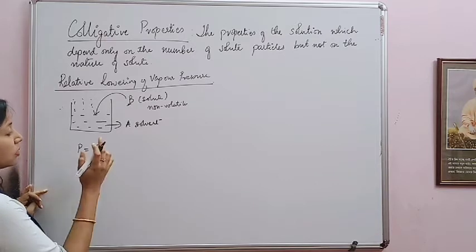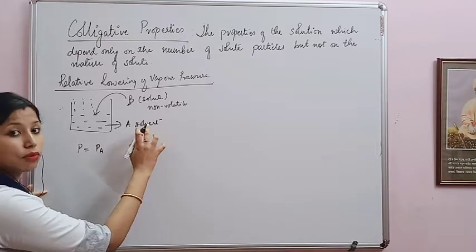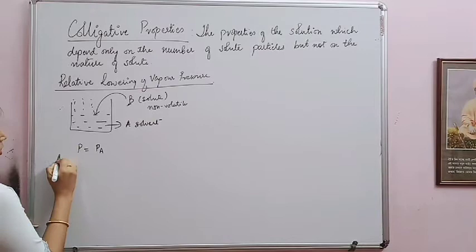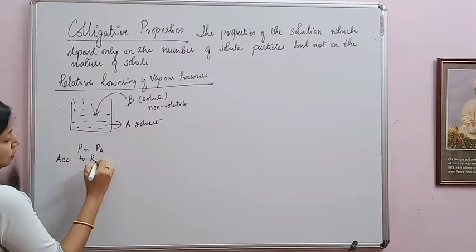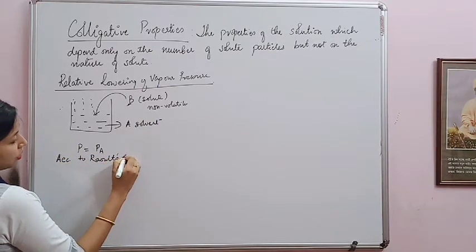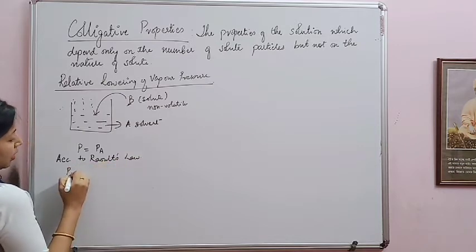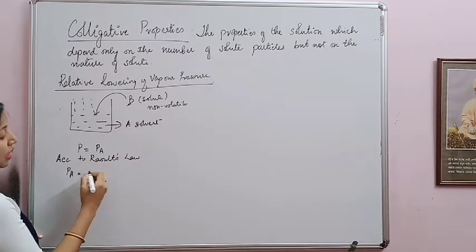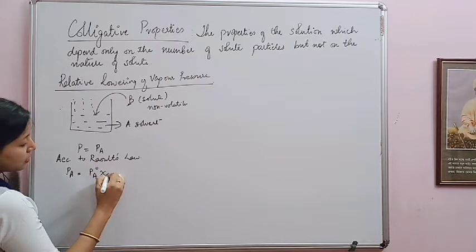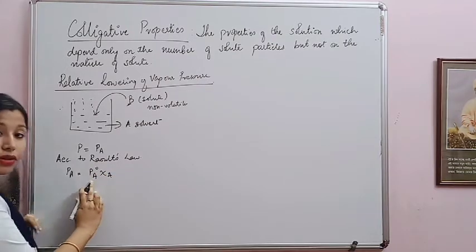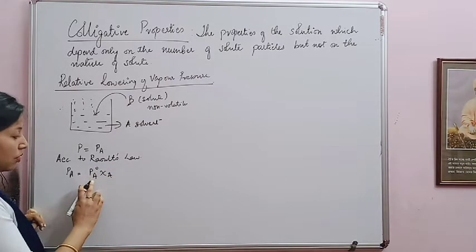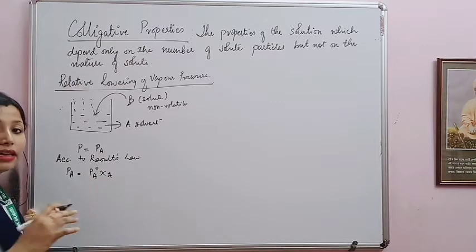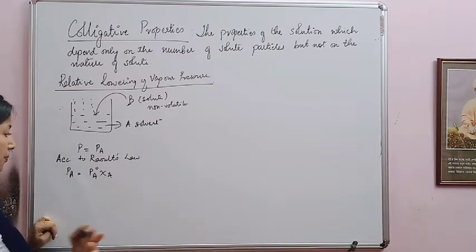Vapor pressure of solution is equal to vapor pressure of solvent only. Now, we know that according to Raoult's law, vapor pressure of the solvent, that is PA, is equal to PA naught chi A, where PA naught is the vapor pressure of the pure component A and chi A is the mole fraction of component A.